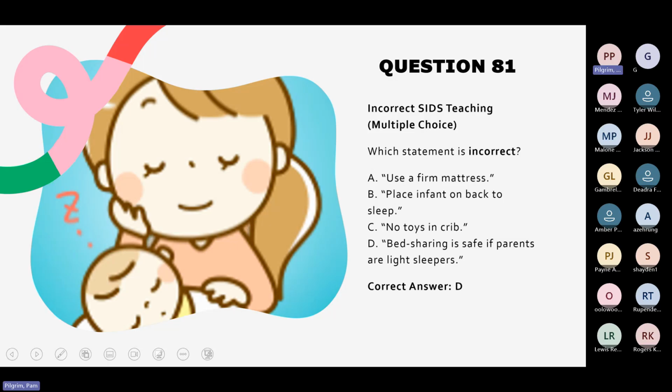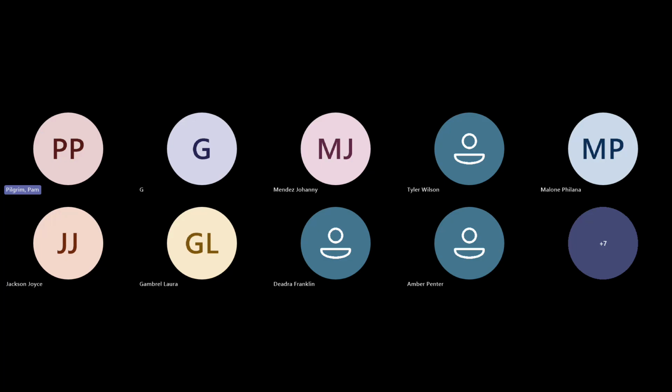So the answer is D. You would want the baby to be on a firm mattress and place them on their back to sleep. No toys, blankets, pillows in the crib. And then the incorrect statement is bed sharing is safe if parents are light sleepers. So that was the last question.